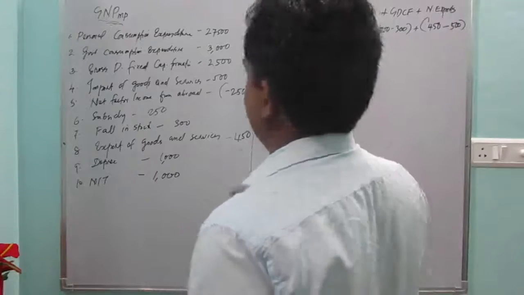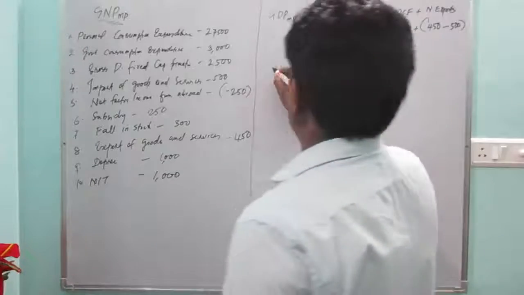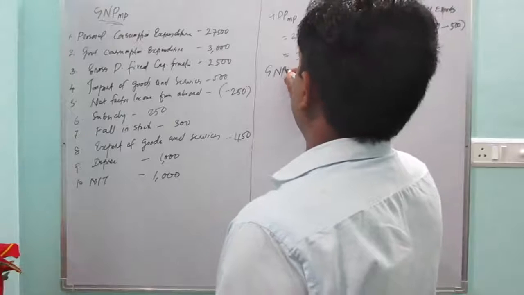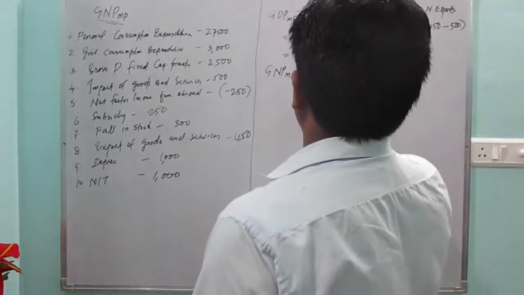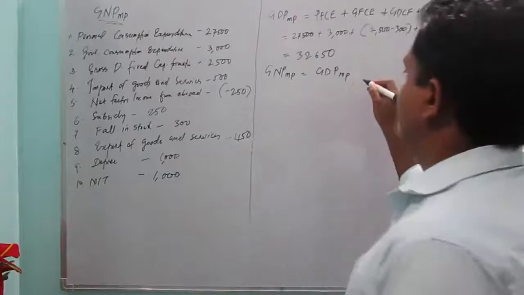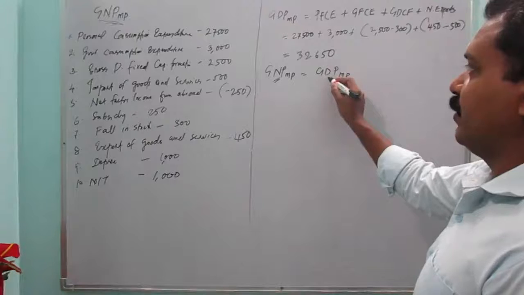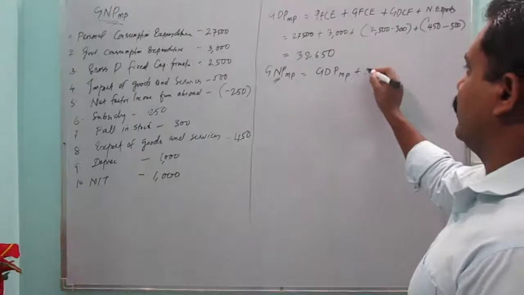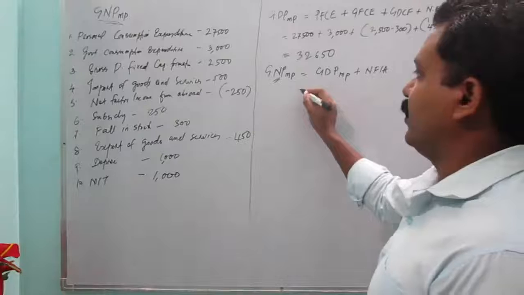Now we need GNP, that is gross national product at market price. From domestic to national, we add NFIA, net factor income from abroad.